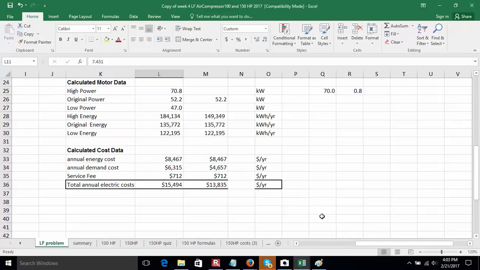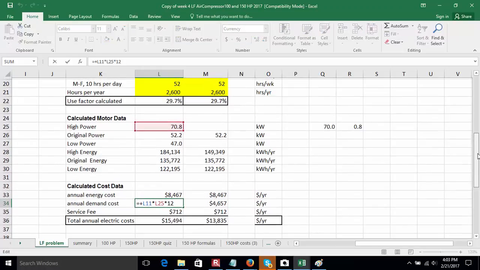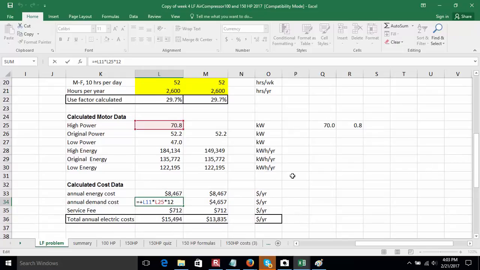Okay, so there's a little bit of contention over this demand cost, and the point of contention, there's an old solution here by Fraser where he's saying that we're running at 70 kilowatts, and I just don't know where that number is coming from. I think it would be just fine if we said, hey, we're going to pay a premium, and that premium is 52.